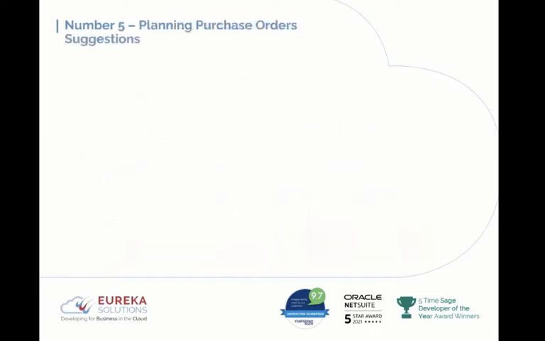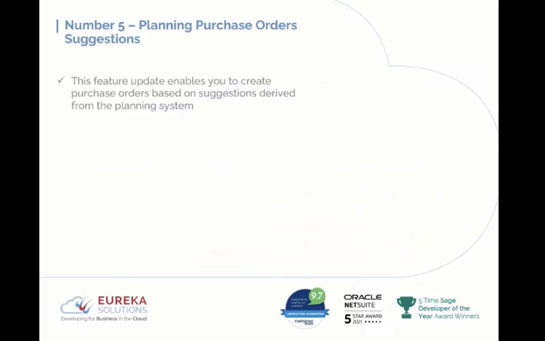Now, in at number 5, we have enhancements which are related to the planning of purchase order suggestions for inventory items. So with this new enhancement, it enables you to create purchase orders based on suggestions derived from the planning system that's within NetSuite. Now, this enables you to order only the amount of inventory that is needed based on planning parameters.